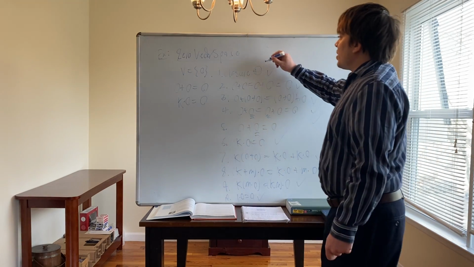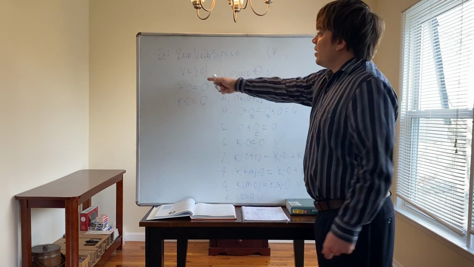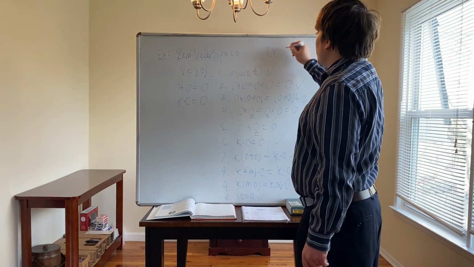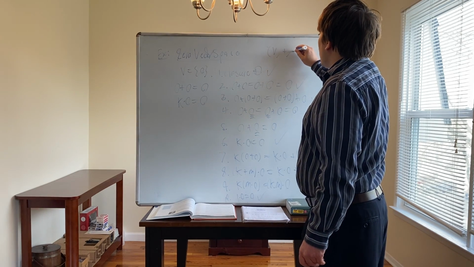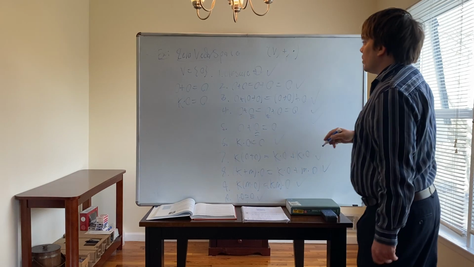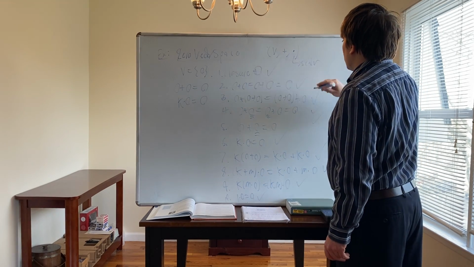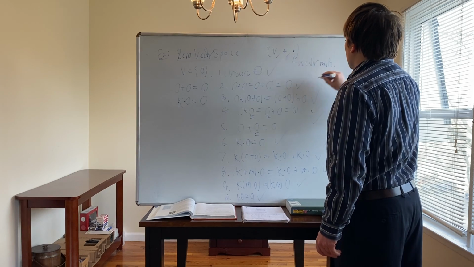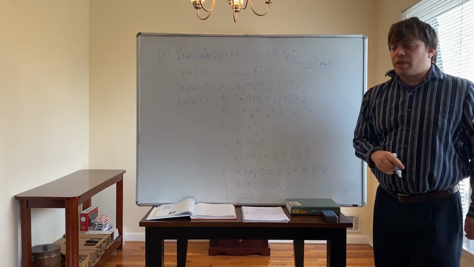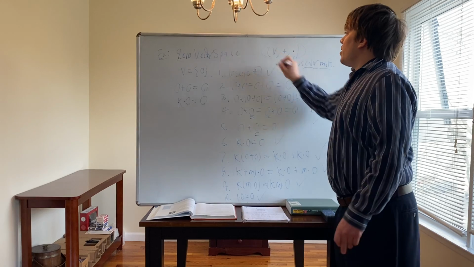That vector space consists of the set V, which contains only 0, the operation of addition, and the operation of scalar multiplication. A vector space is the team of those three things.